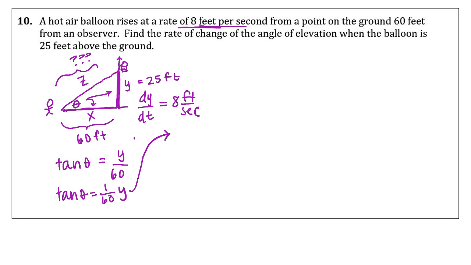The derivative of tangent of theta is secant squared of theta, and then d theta dt. Don't forget about taking the derivative of that angle. Equals 1 over 60 dy dt. Now we've got some other stuff we've got to find.